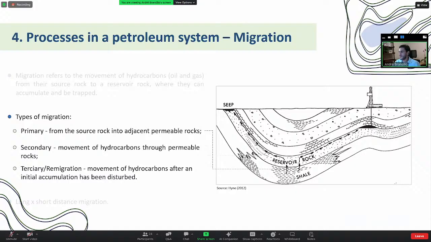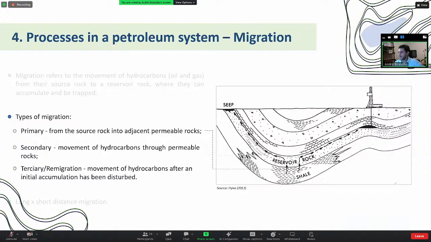I was talking about microfractures within the source rock. Again, this generation inside the shale increases the pressure, so it creates microfractures. This leads to channel flow. So, for example, the oil can go from the shale to the reservoir rock, and we call that primary migration.